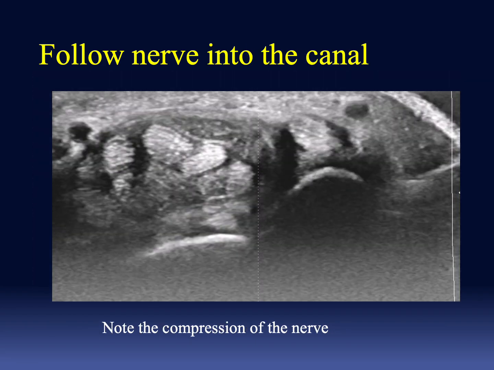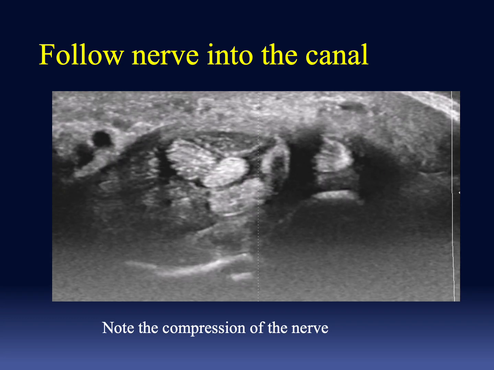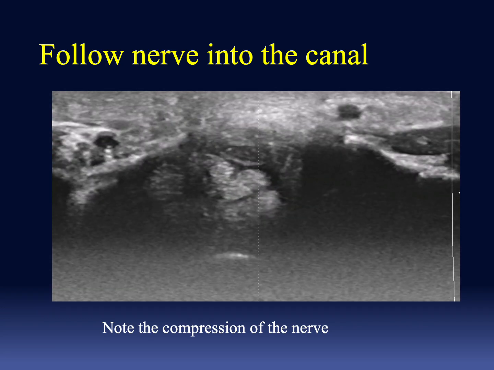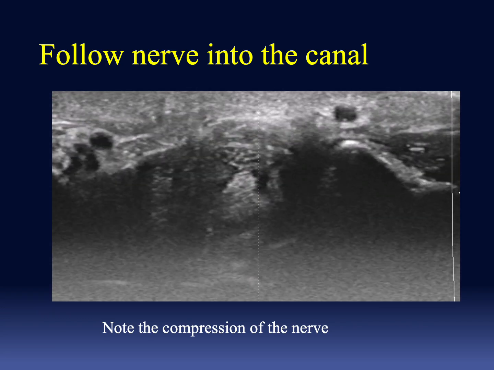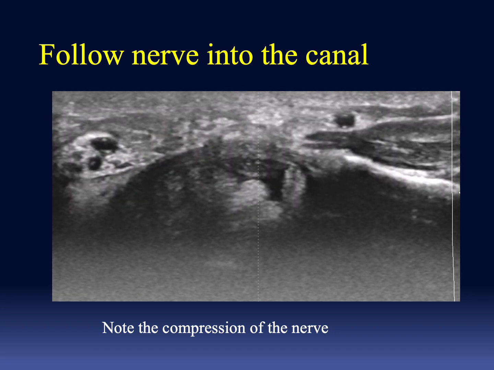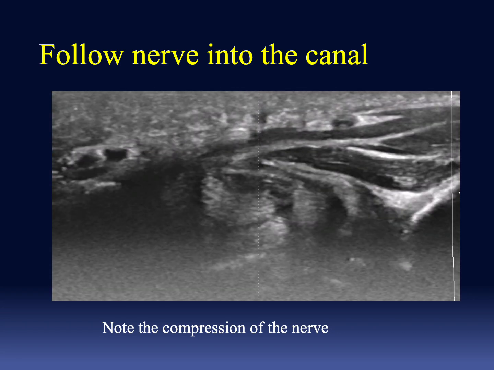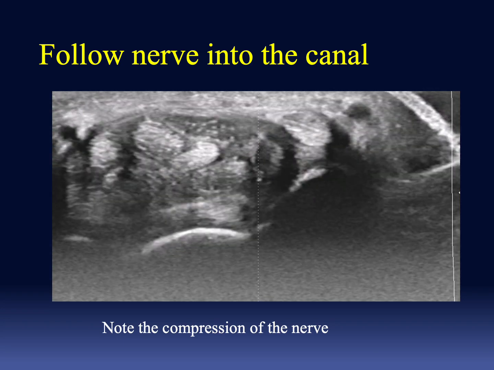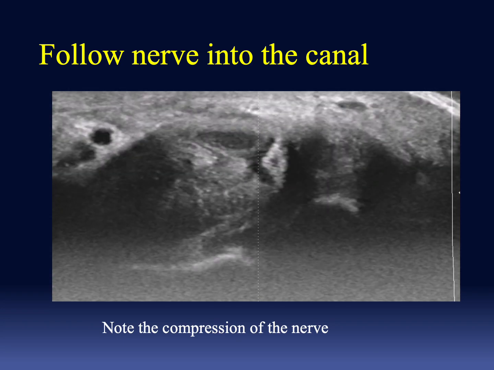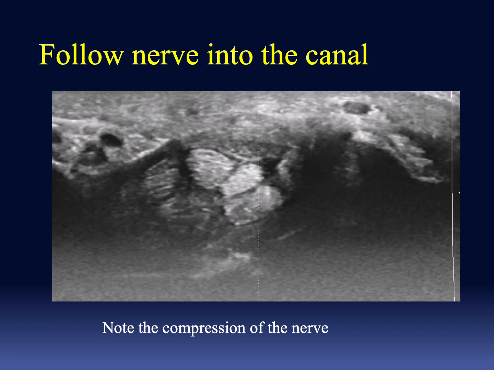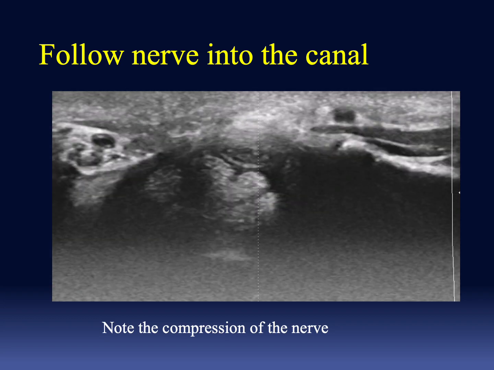In the next video, we can see the nerve entering into the canal, and notice that it becomes compressed. On the right-hand side, up here, we can see an artery. This is not usually here, but it's not uncommon to see an extension of the radial artery going into the thenar eminence area.